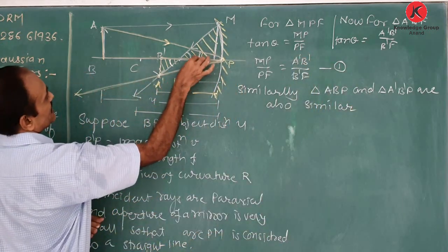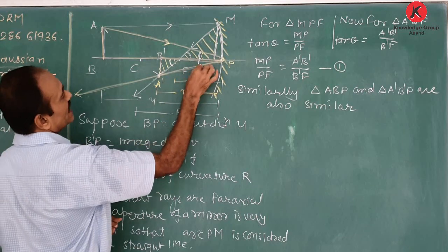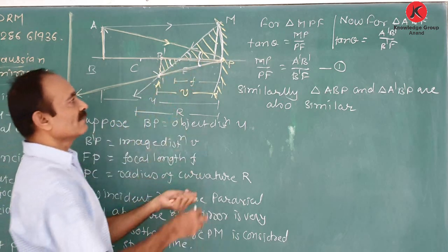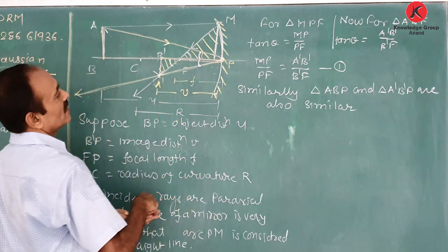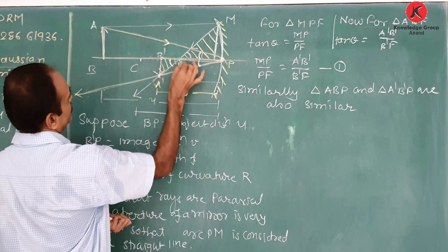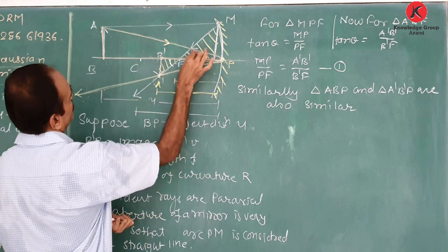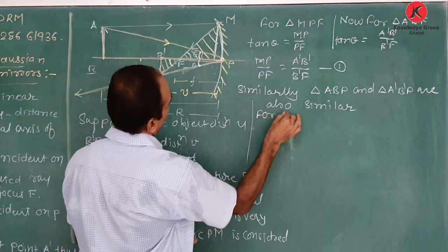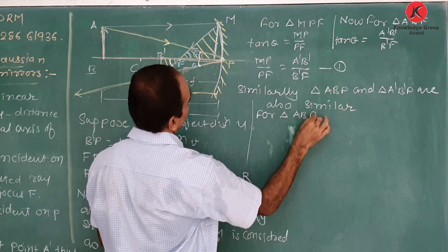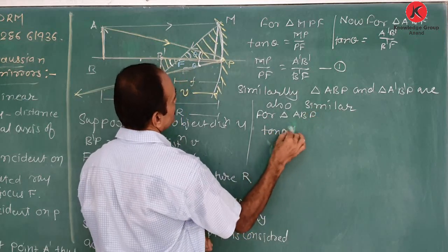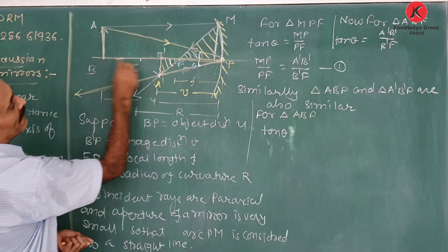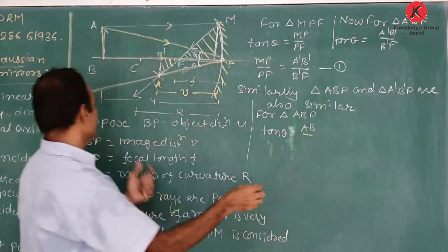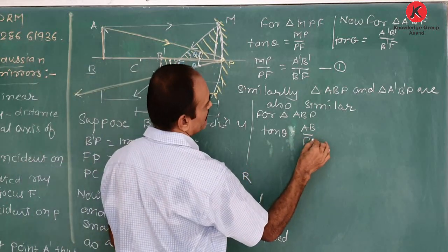The angle of incidence and the angle of reflection are equal according to the law of reflection. As we consider both angles to be theta, we can write tan theta for triangle ABP is equal to AB upon PB.